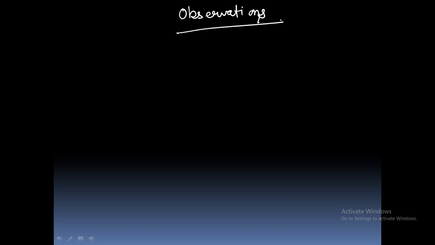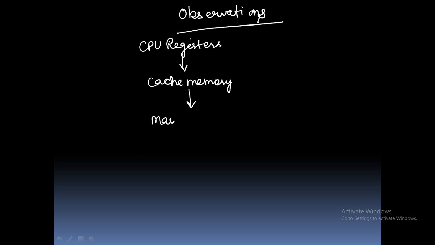Observations can be made when going down in the memory hierarchy, meaning from CPU register to cache memory to main memory to secondary memory to tertiary memory.